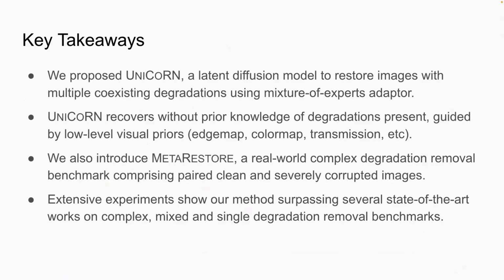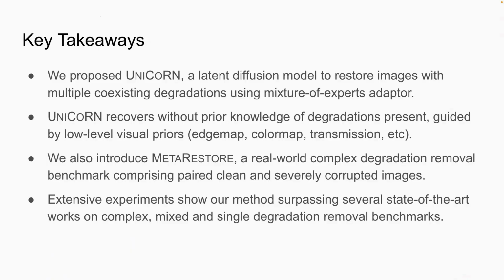So to sum up, we propose this latent diffusion model called UniCoRN that can restore images having multiple coexisting degradations using a mixture of experts, adapter, and multi-head controllable network for controlling the generation process. And UniCoRN recovers without any prior knowledge of what degradations are present, and it is solely guided by these low-level visual priors or visual cues, which preserve the intrinsic properties of the image.